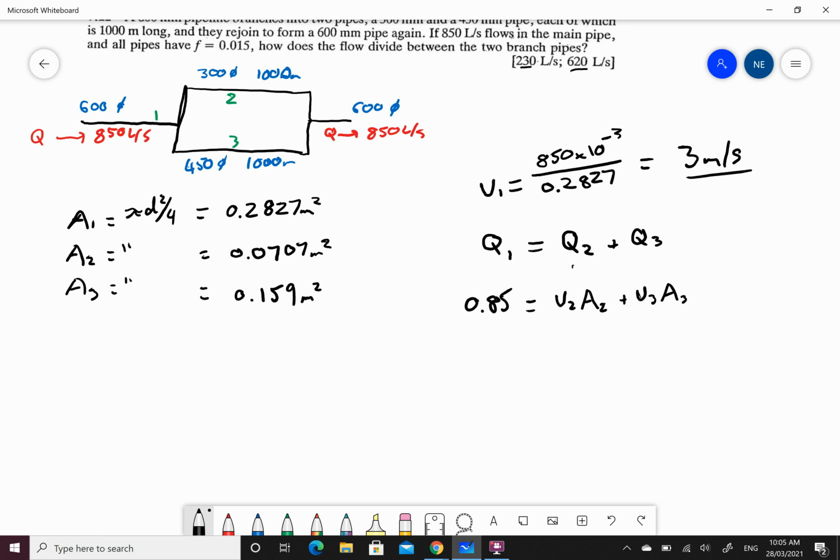In this equation, I know A2 and A3, and I know Q1. So I'm going to end up with a simultaneous equation for V3 and V2.